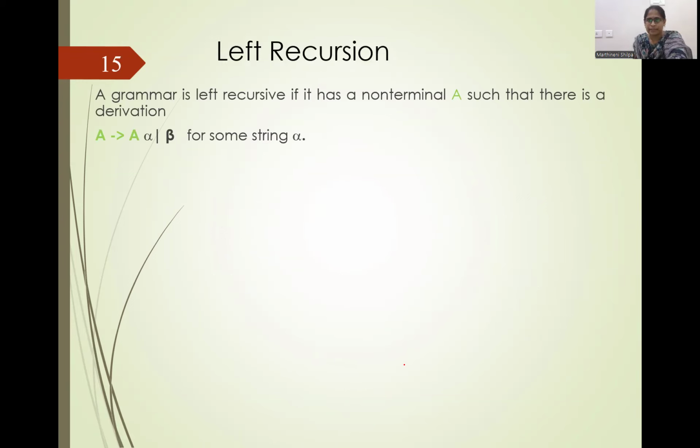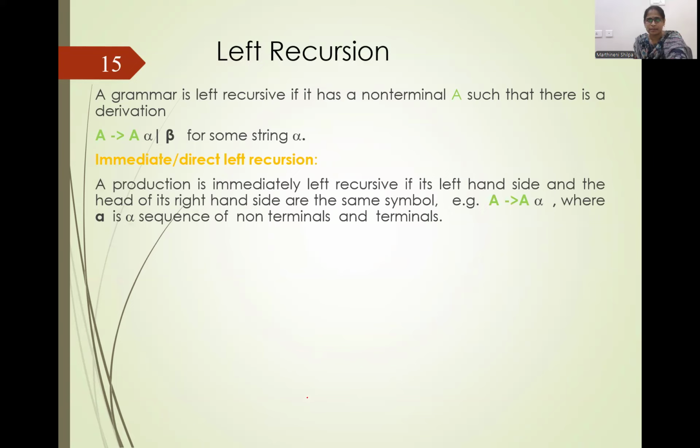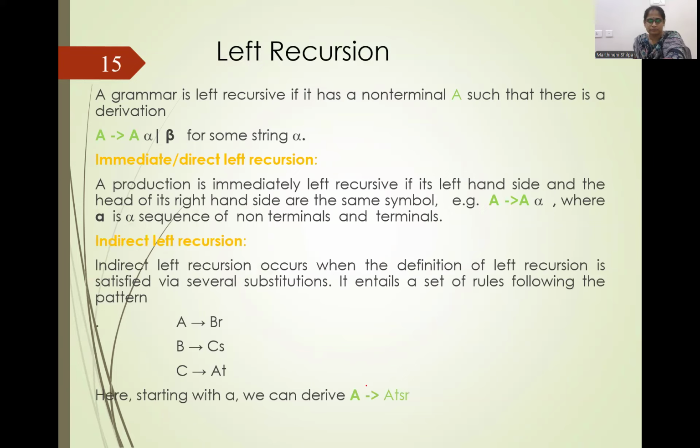A grammar is left recursive if it has a non-terminal A such that there is a derivation like this. There are two types of recursion: immediate left recursion, which is called direct left recursion, and indirect left recursion. Indirect left recursion occurs in the sentential forms. Let us take this example. A derives BR.